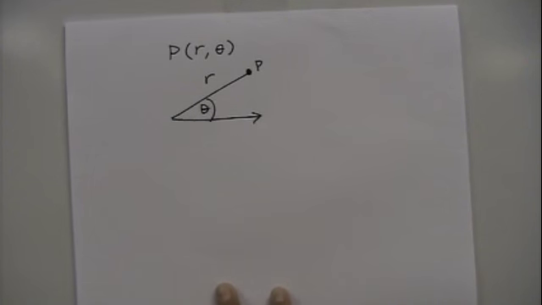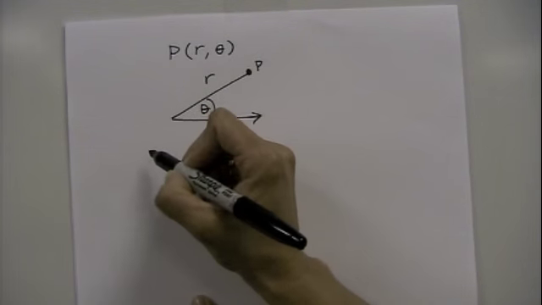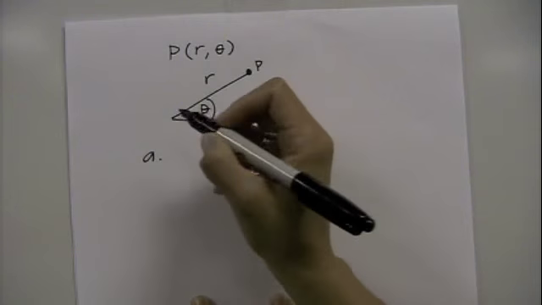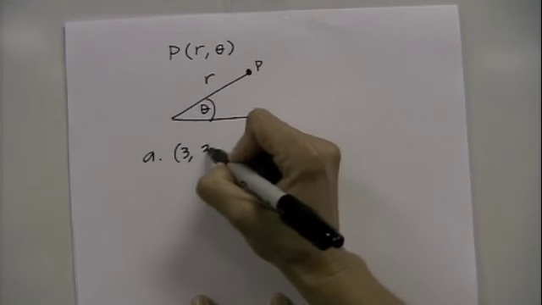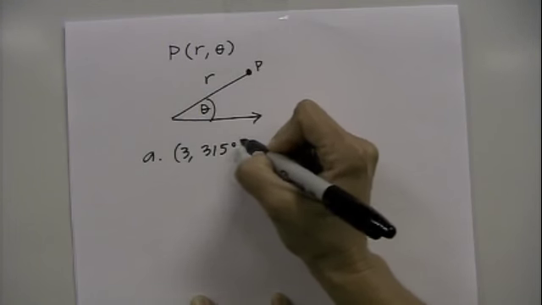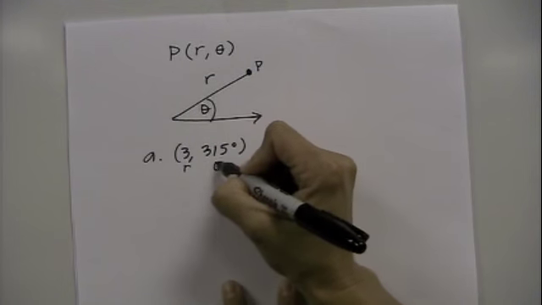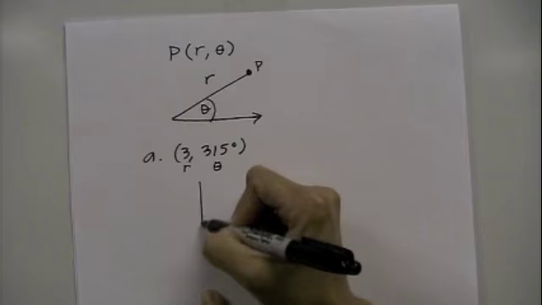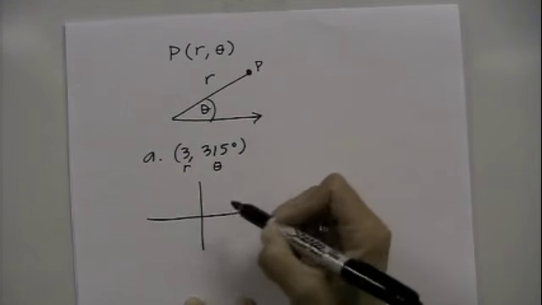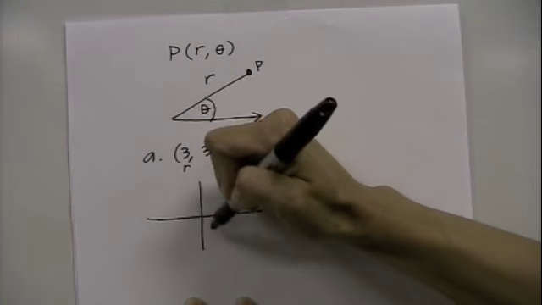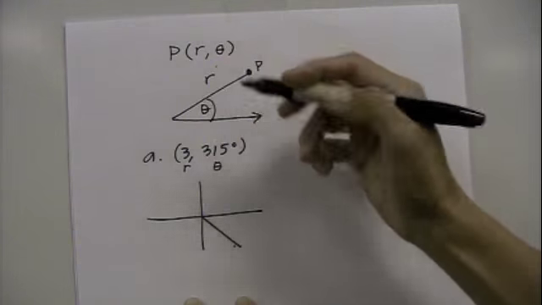So the first thing we're going to do as far as an example is we're going to practice plotting the point 3, 350 degrees. And so again, this is your r, that's your theta. We're going to rotate 350 degrees, so that would put us at right there.